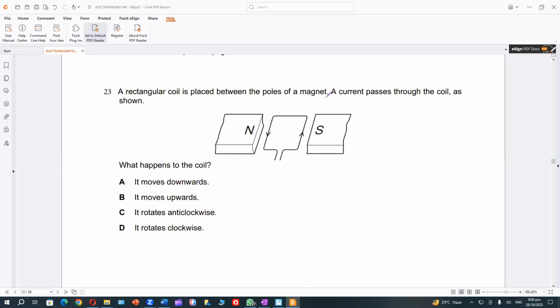At number 23, a rectangular coil is placed between the poles of a magnet. A current passes through the coil as shown. Now current is moving like this. Magnetic field is left to right. So if I find it from Fleming's left-hand rule, here the force will be upward. Here the force will be downward.